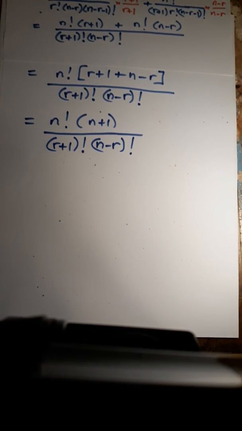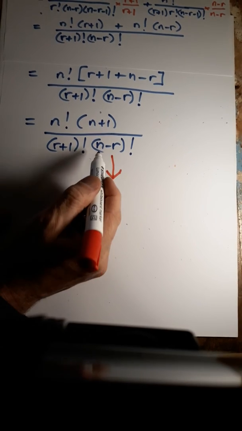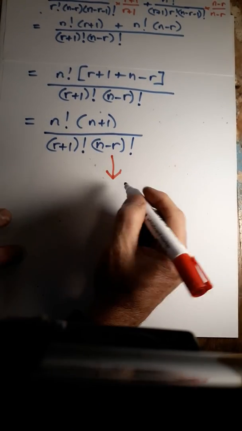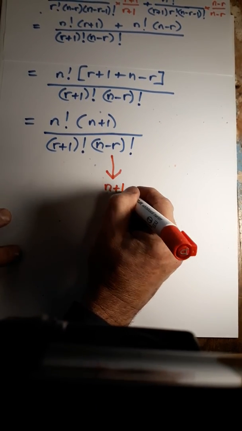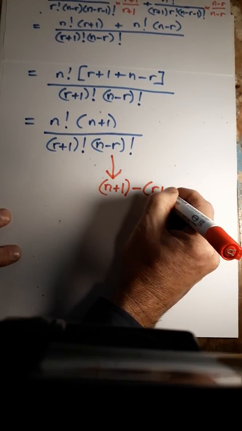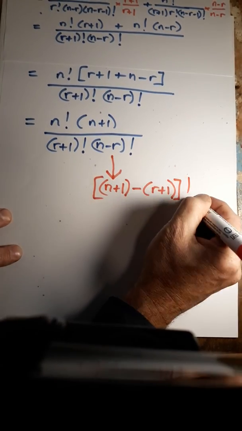Now, this is a little bit of thinking here, but n minus r factorial, is that the same as n plus 1 minus r plus 1 factorial?